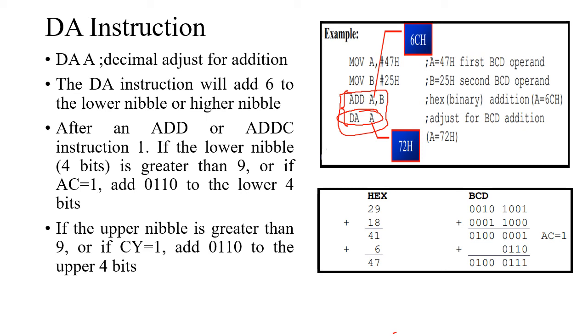So if we consider one more example, A has 47H and B has 25H. Both are BCD numbers. When we add these two numbers, we will get 72H when we execute this program.